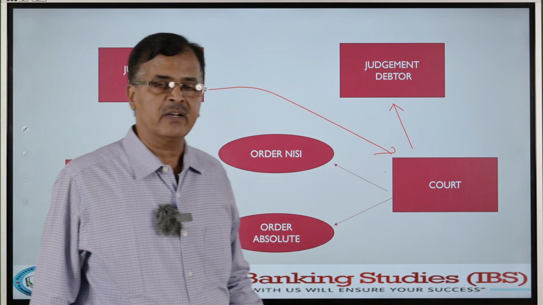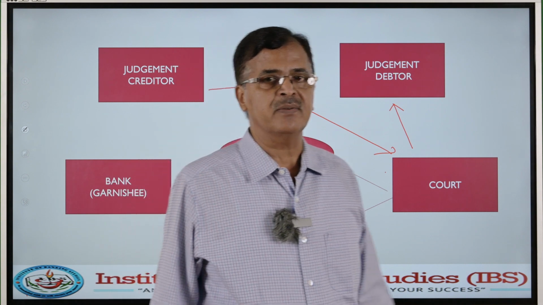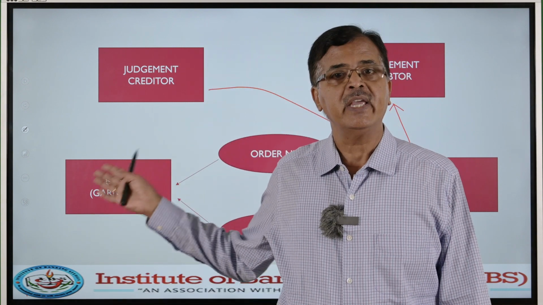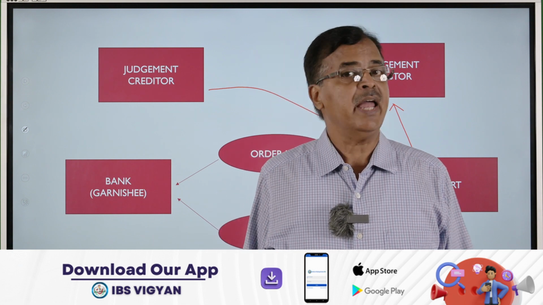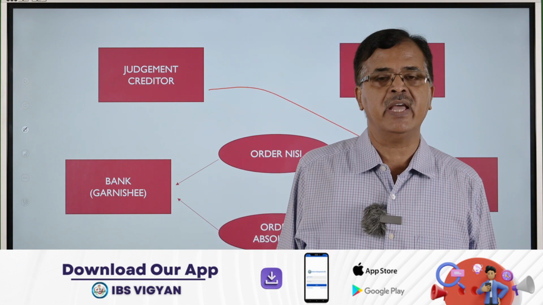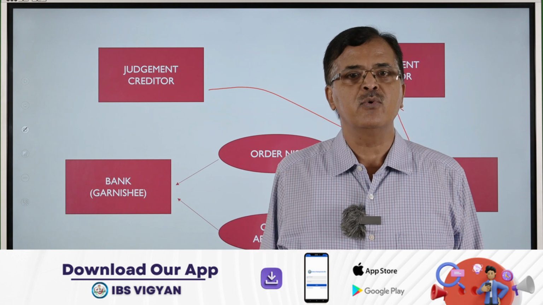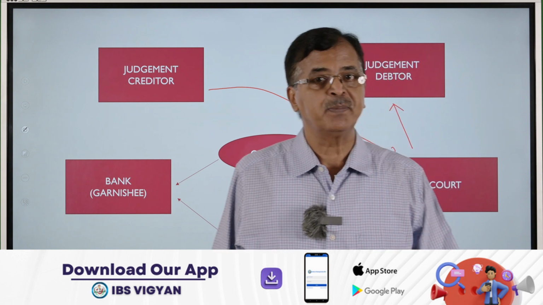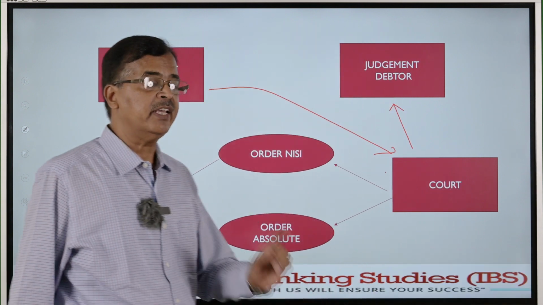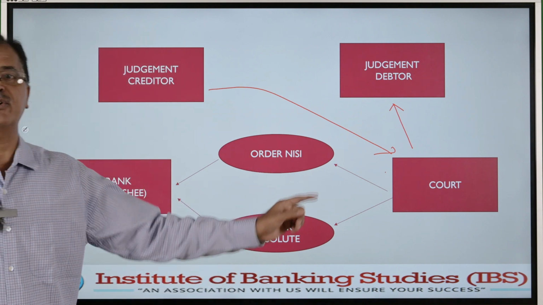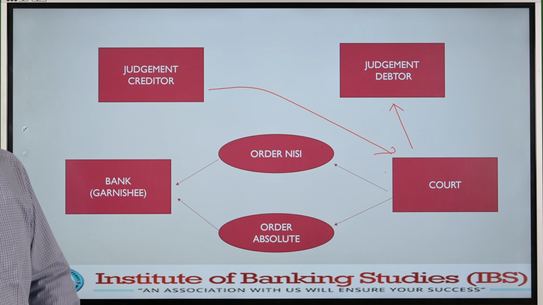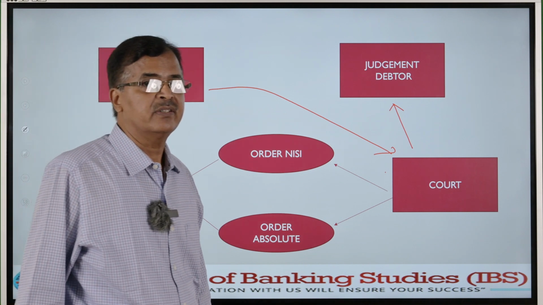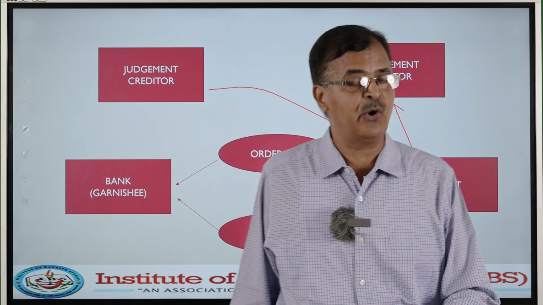In the first order, the court will ask the bank whether so and so is maintaining any deposit account with your bank, and if such a deposit is there, why can't you attach these funds as per this court order? Then it is the duty of the bank to reply to the court, and the bank sometimes may raise certain rights because the bank might have given a loan.